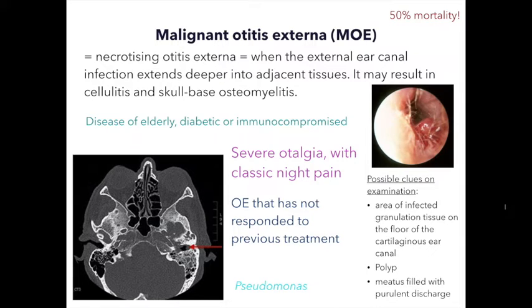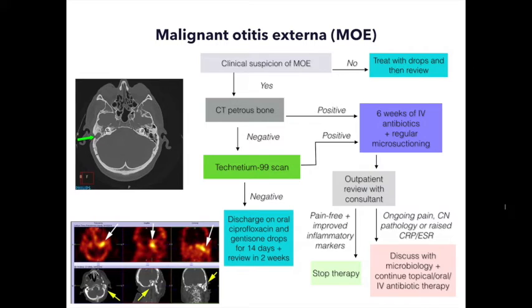The causative agent is typically Pseudomonas, and other possible clues on examination are granulation tissue in the cartilaginous part of the ear canal, polyps, or otorrhoea filled with purulent discharge, but that's not very specific, so it's more the constellation of everything together. Again, different trusts have different guidelines, so please consult your guideline.